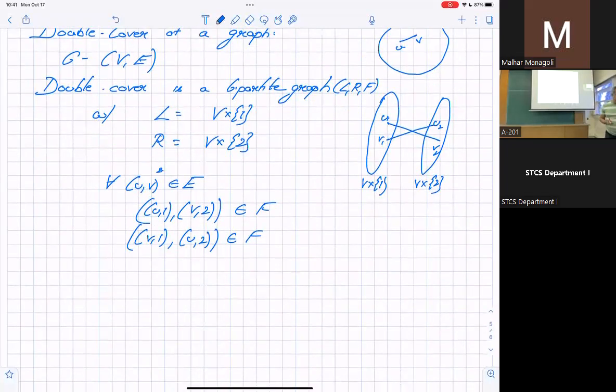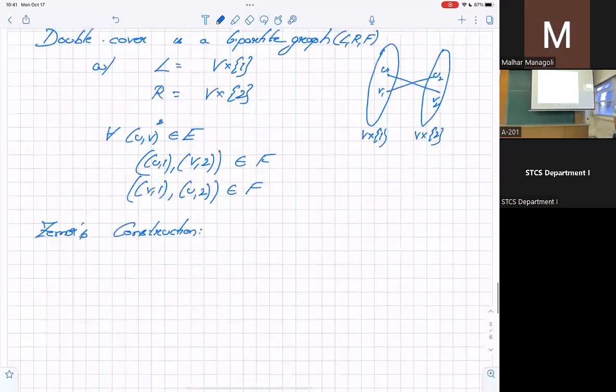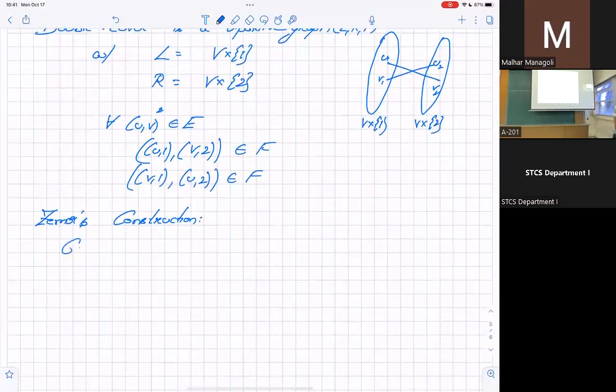And what is Zemor's construction? It is the following. G is a spectral expander, a lambda spectral expander, D regular.